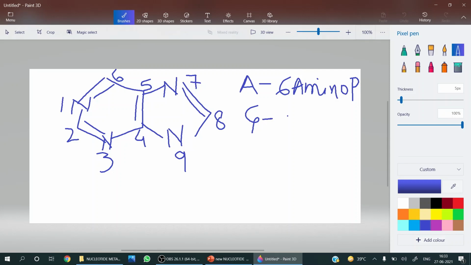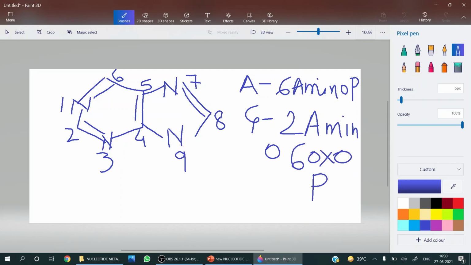Then guanine is 2-amino 6-oxo purine. So now by substituting this amino group at the 6th position here, NH2, this is now the structure of adenine.